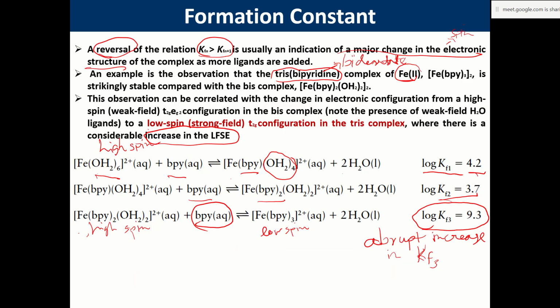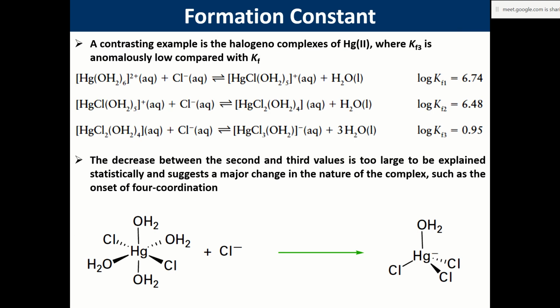Similarly, we also find a deviation from the trend when we analyze the complexes of mercury with halogens. The example here is given with chlorine.